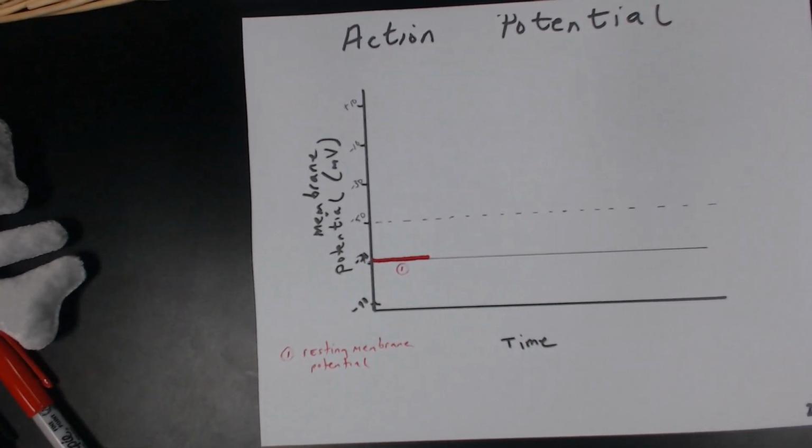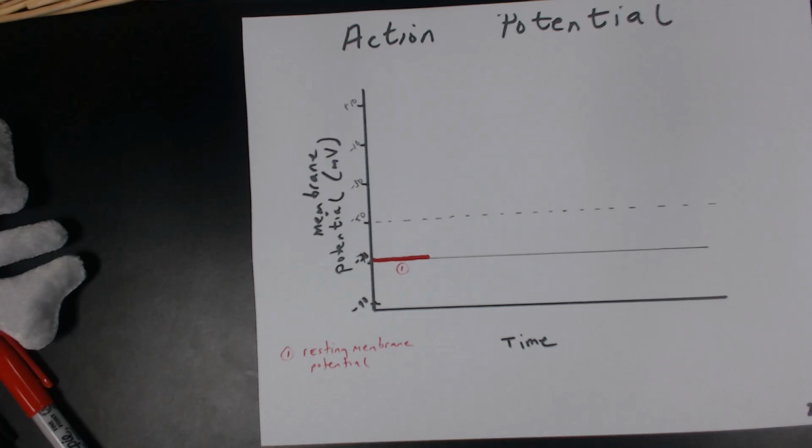Okay, that's where we're starting. And there's a lot to action potentials. For the purpose of this information, I'm just going to teach you what you need to know to understand neuroscience. That's it. Electrochemical signal.